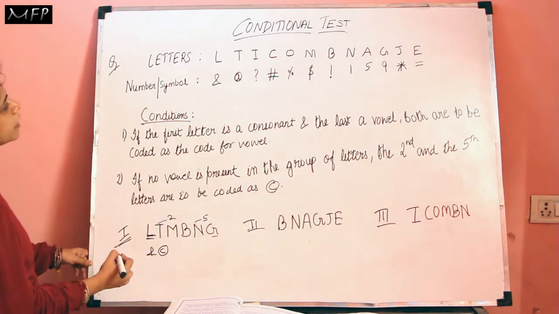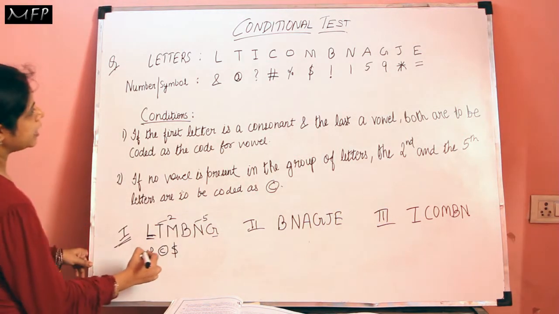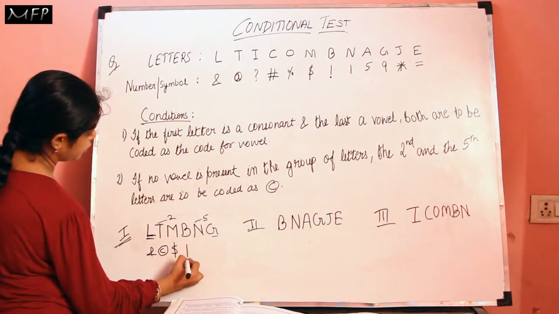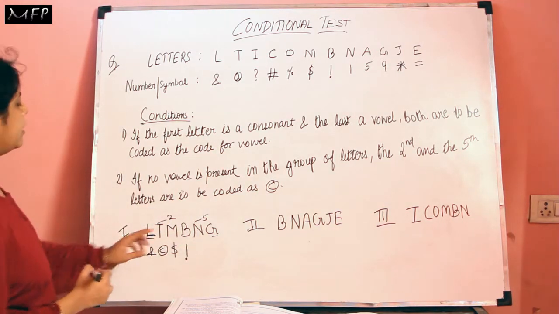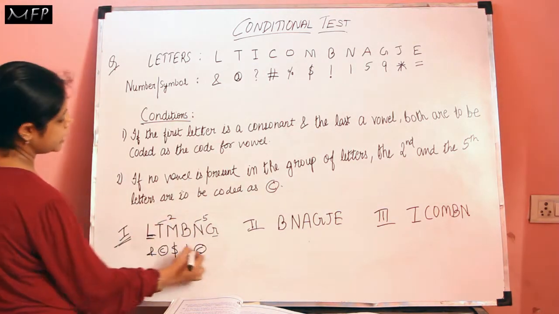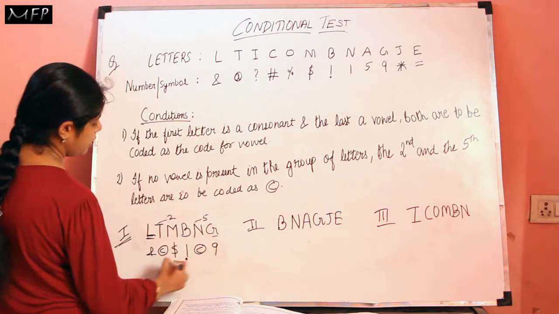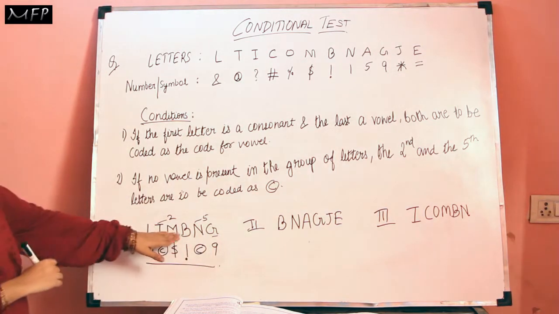The code for M will be dollar sign. The code for B will be apostrophe sign, exclamatory sign. The code for N will also be copyright as given in the condition. The code for G will be 9. Okay. So this is the correct code for this group of letters.